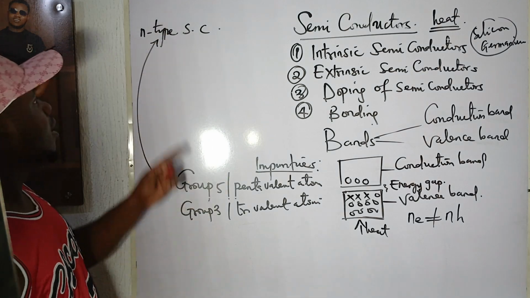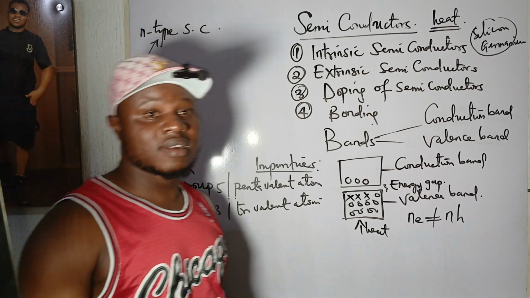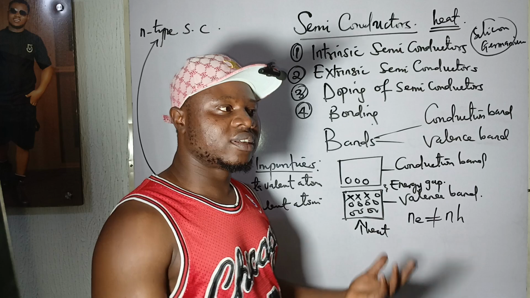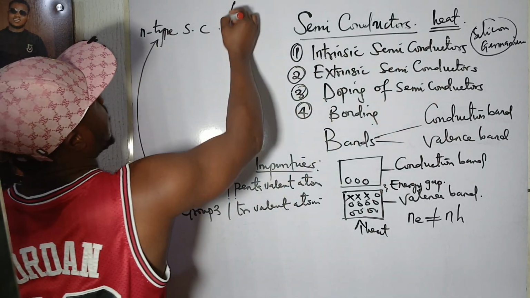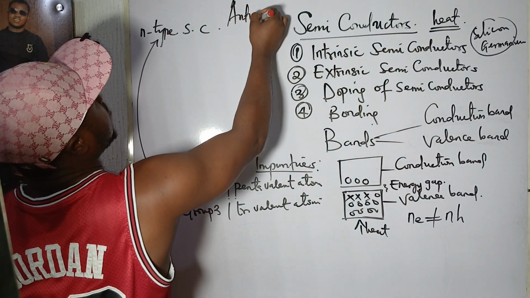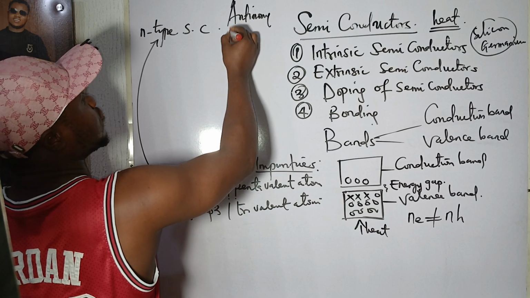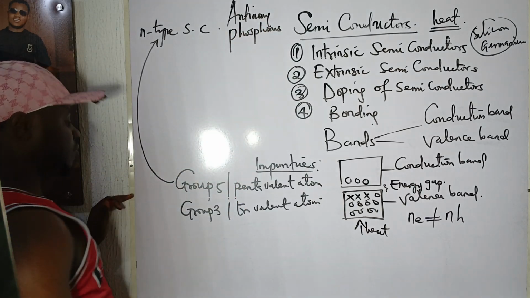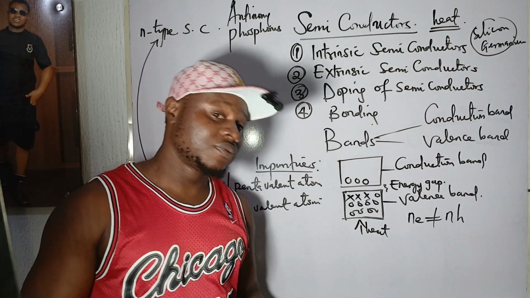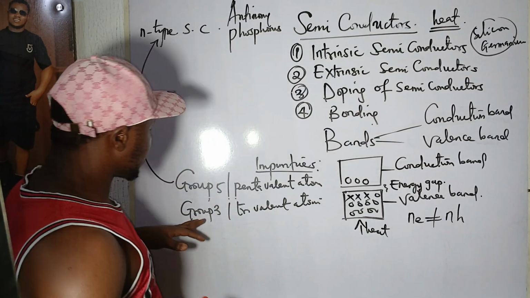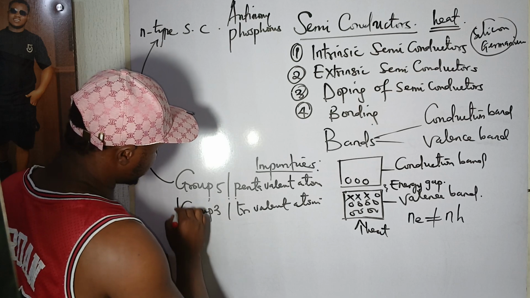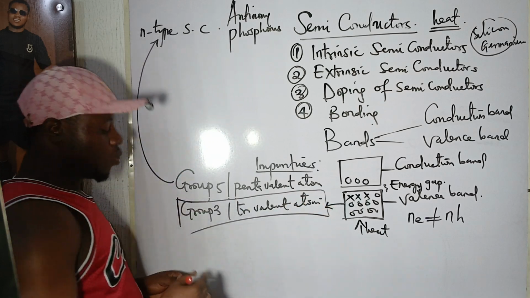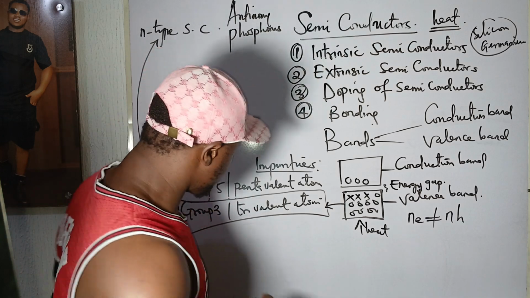Elements that we can find in group 5 are antimony, phosphorus, and arsenic. So we can have antimony, we can have phosphorus, and the rest of them. Go and look for the elements we find in group 5. Now, if you look at trivalent atoms, which is group 3, if a semiconductor is doped with group 3, the one that is going to be in excess is holes.